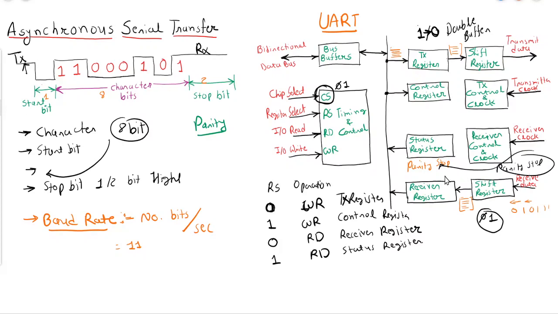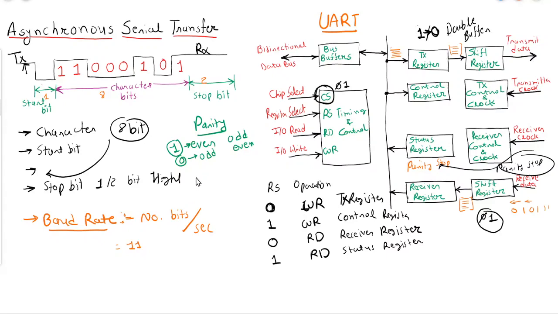If the received number is different, let's say when transmitted from the source the number of 1s was even, but after receiving, due to some channel error, the received number is odd, this results in a parity error.